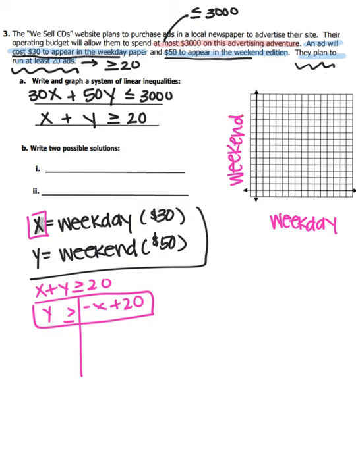And since there's not 20 squares up to start our graph at here, since it wants us to start at 20, I'm going to count everything by tens. So we'll just say this is 10, 20, 30, 40, 50, and you could do anything, 60, 70, 80, 90. We'll just stop there at 100.